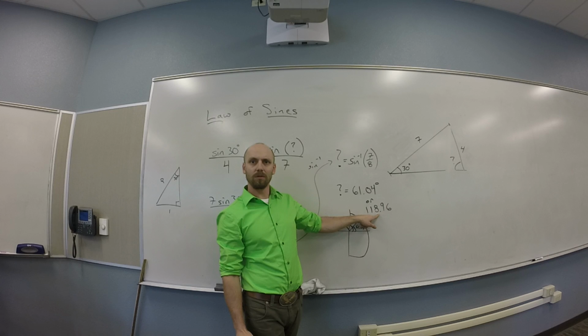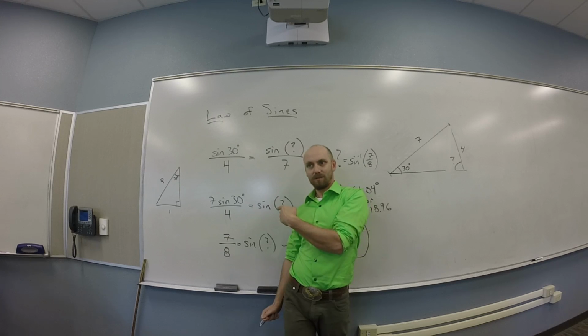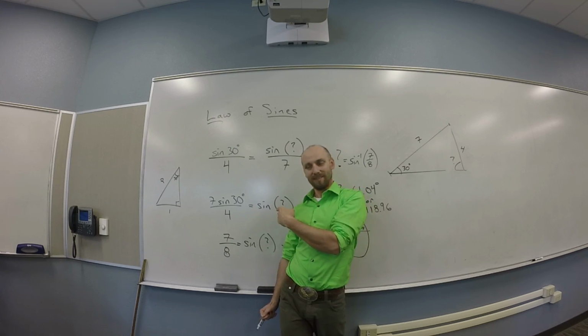You get 0.87. Is that 7/8? What's 7 divided by 8? 0.875. You guys see that?